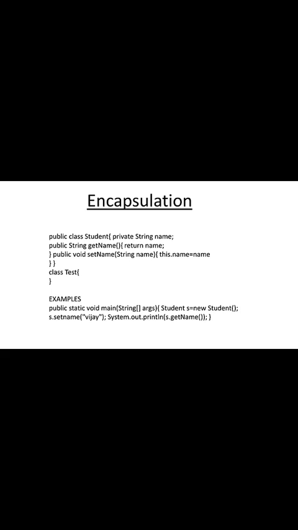In this mechanism, encapsulation binds all the code and the data together and keeps both safe from outside interface and misuse. In object-oriented programming, encapsulation refers to the bundling of data with the methods that operate on the data, or the restricting of direct access to some of an object's components.